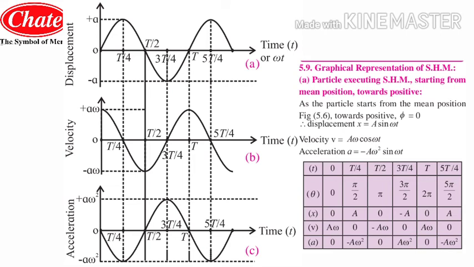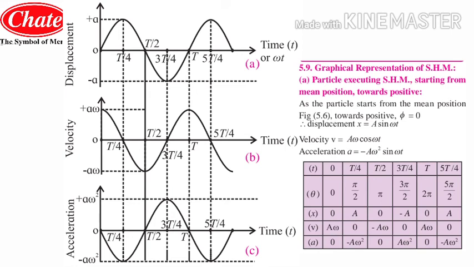Now students, we will see the graph for the acceleration. First of all we will look at the equation for the acceleration, which is a equal to minus a omega square sine of omega t. We obtained the equation for the acceleration by differentiating the equation of the velocity, so the cos omega t has been converted into the minus sine.